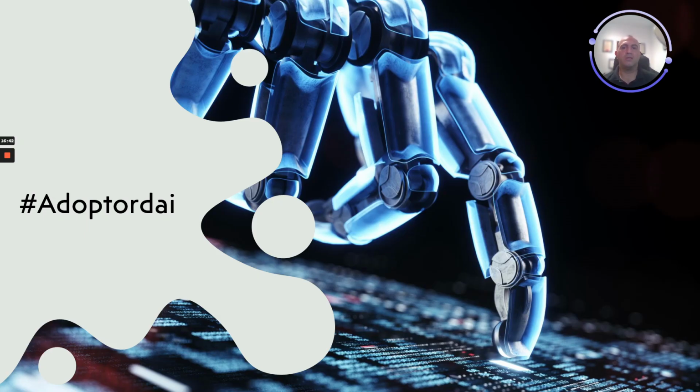So what is the future, and what do you need to do to help yourselves? I created a hashtag called adopt or DAI. The DAI is spelled with DAI, and basically what we need to do is adapt our capabilities to the new age of automation.